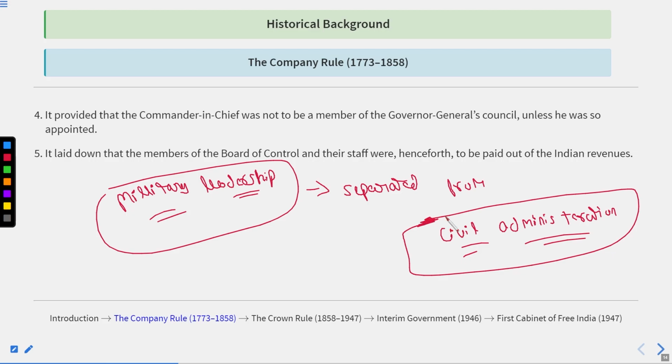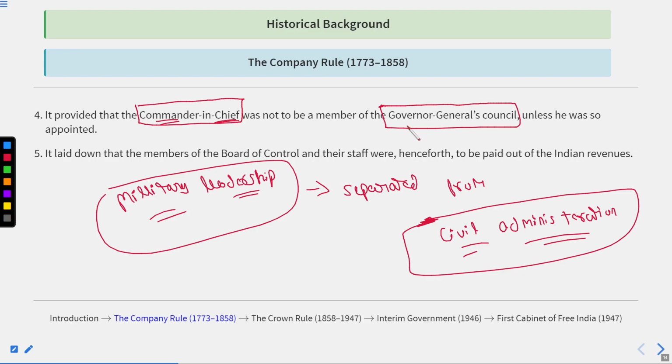Keep this in your mind: the military leadership again got separated from the civil administration. Why? Because the commander in chief, who is the chief of the military, will not be part of the Governor General's Council unless he was appointed.